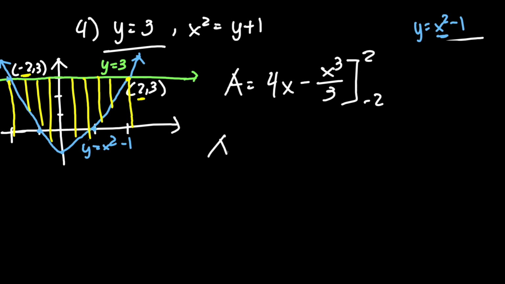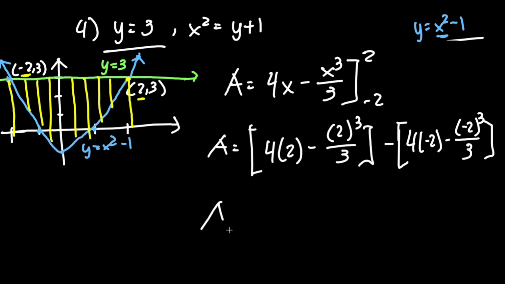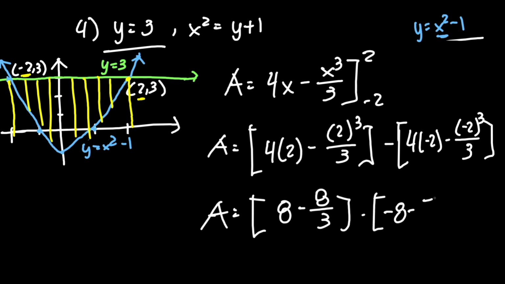And so substitute the x values. So this would be 4 multiplied by 2 minus 2 cubed over 3. And subtract this by value of putting the negative 2. Four multiplied by 2 would be 8 minus 8 thirds, minus negative 8 minus negative 8 thirds.